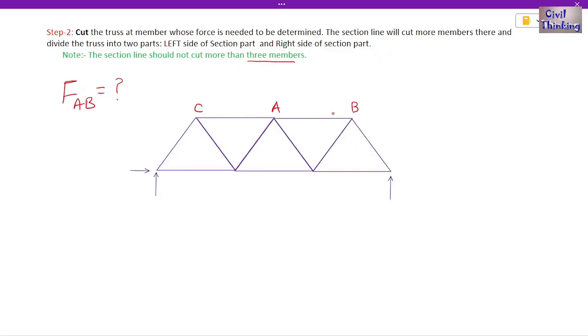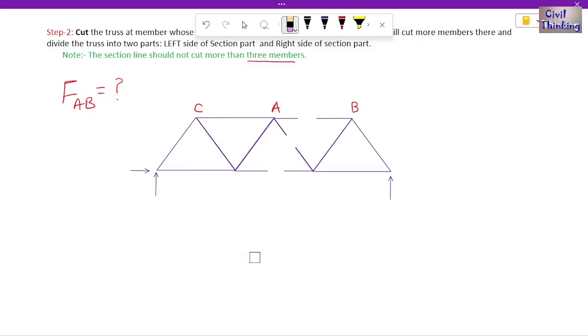So let us do this. Okay, we will cut it. We can cut this like this, or we can also cut it like this. It is our choice. Let me choose. I will cut it like this. Let me get the eraser. Let us say I cut it like this.